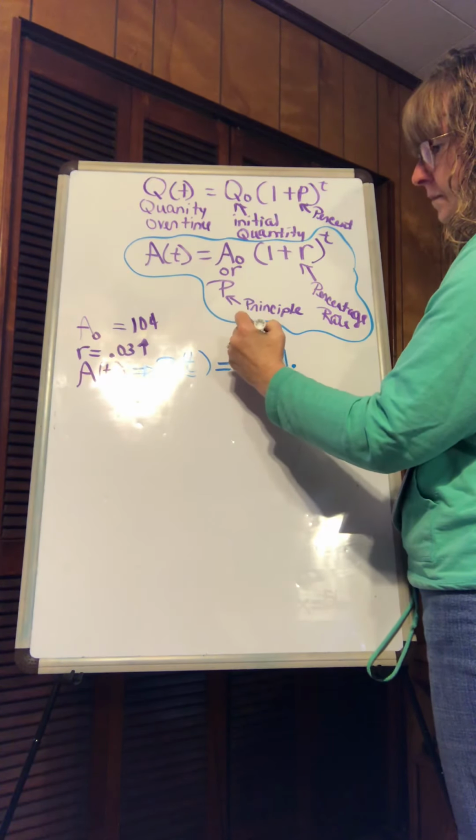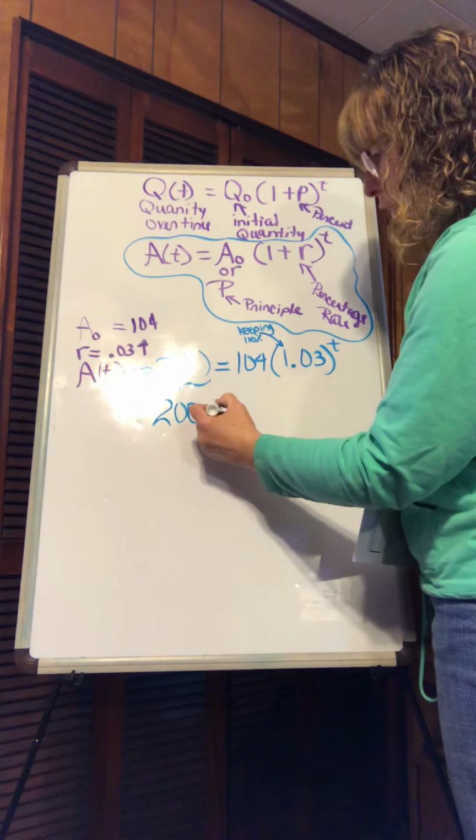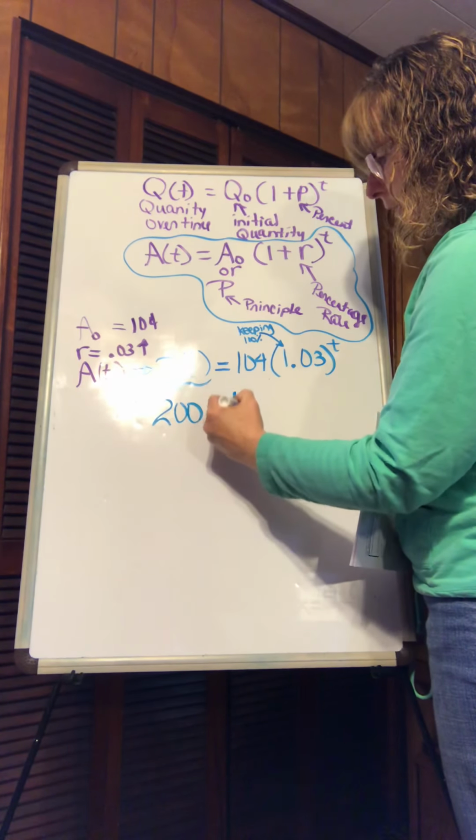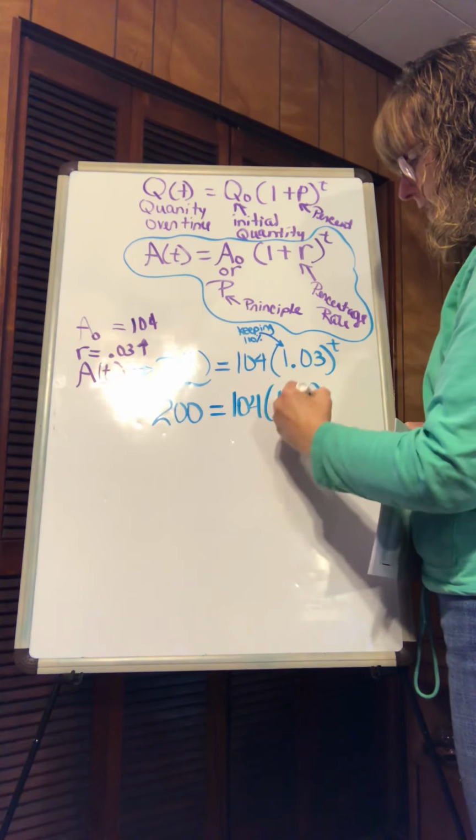Now they want me to figure out how long will it take to reach 200 bats. So now this becomes my 200. And if we were doing chapter 7, we would have had the straight line through the 200. So how did this happen? Well, we have 104 and we have 1.03 to the time.